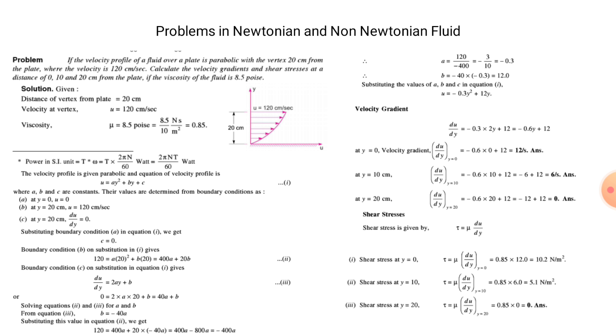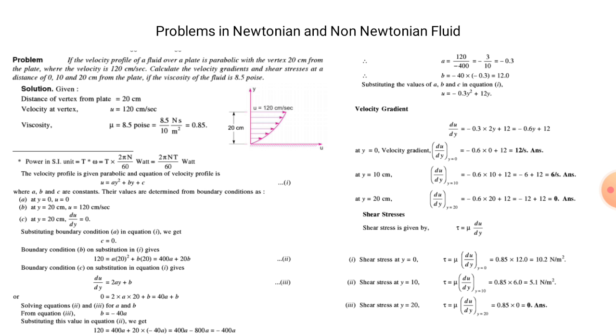Boundary condition B on substitution in equation 1: u is equal to 120 cm per second is equal to a y square plus b y, y is equal to 20 cm. So, 20 square a plus 20 b is equal to 400a plus 20b.